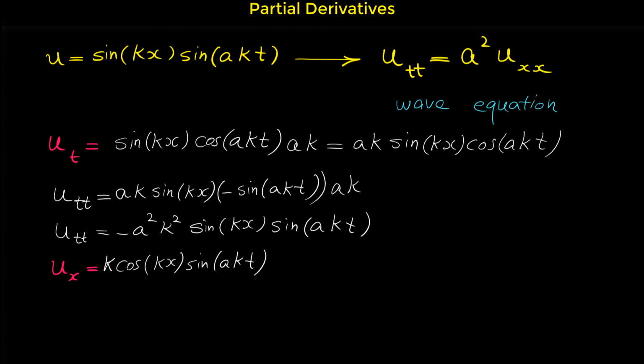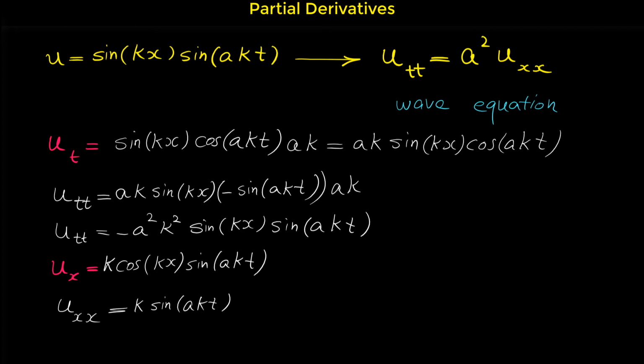Now for finding u sub xx, we have to take the derivative of this with respect to x again. k and this expression are constant when we take the derivative with respect to x, and we only have to take the derivative of this part. So let's write the constants first. k is a constant, sine of akt is constant. We only take the derivative of the variable part, which is cosine of kx.